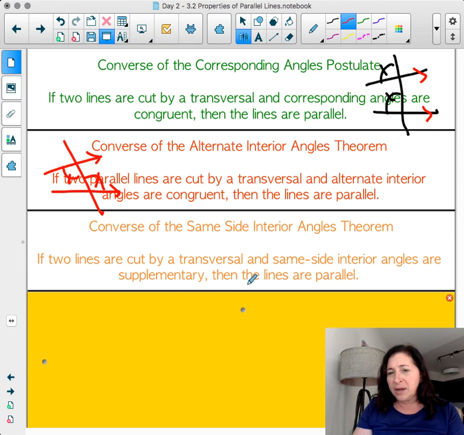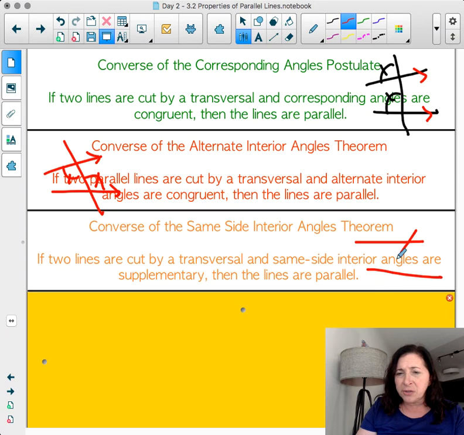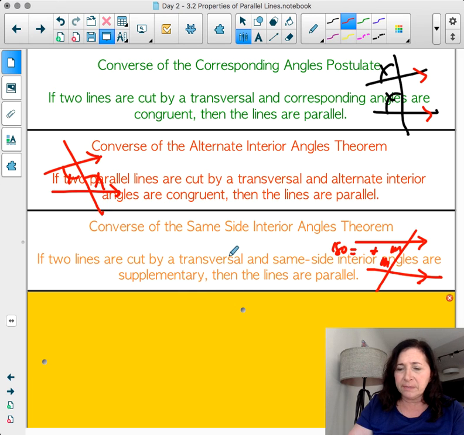Converse of the same side interior angle theorem basically says if two lines are cut by a transversal and same side interior angles are supplementary, meaning this angle here and this angle here add up to 180 degrees, then this must be parallel to this.